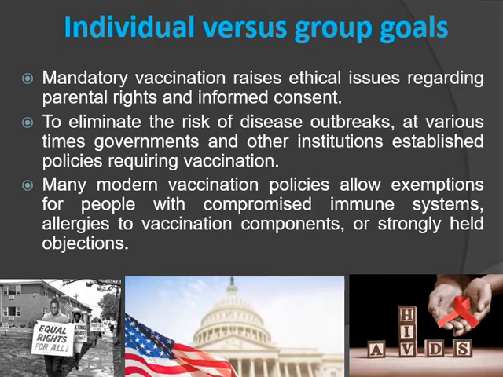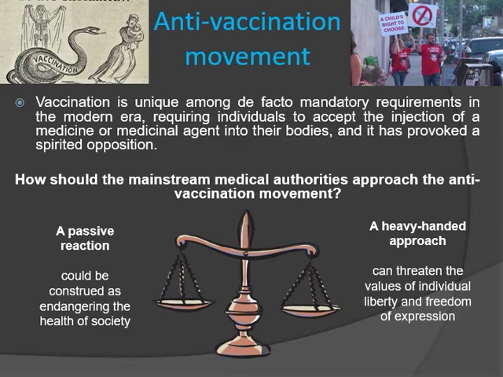Vaccination is unique among de facto mandatory requirements in the modern era, requiring individuals to accept the injections of a medicine or medicinal agent into their bodies, and it has provoked a spirited opposition. This opposition began with the first vaccination, has not ceased, and probably never will.